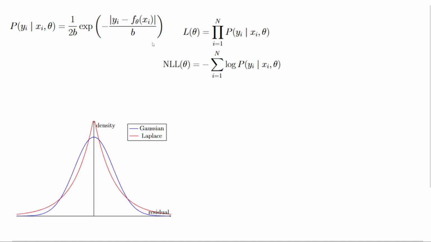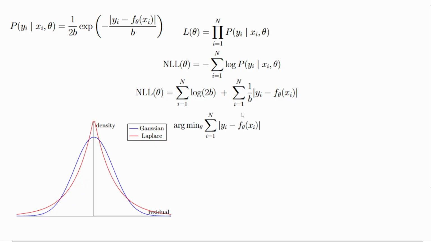Now you might be able to see it here, but we have this exponent here, and we have this log here. So this term goes to the front, and you probably expect that we have L1 loss, and in fact that's true. Okay, so plugging that in, we have this constant term plus this term here. So dropping this constant term leaves us with this expression here. Now you've seen this before.